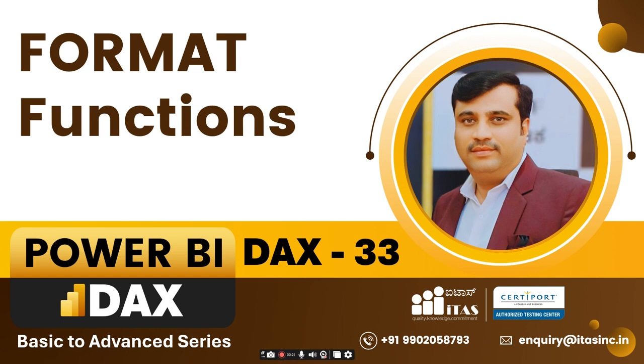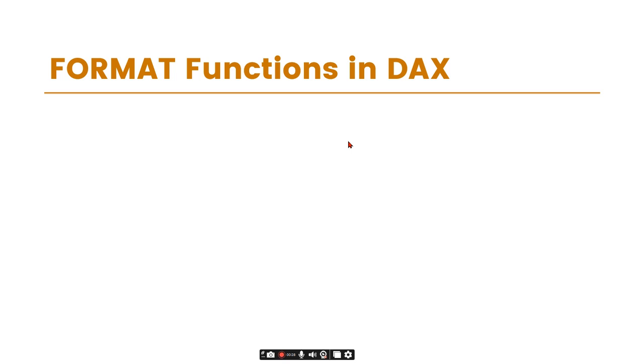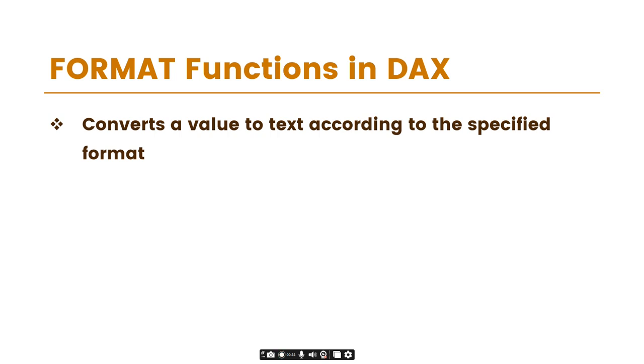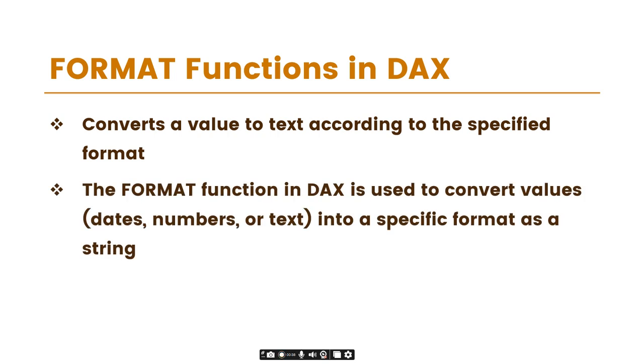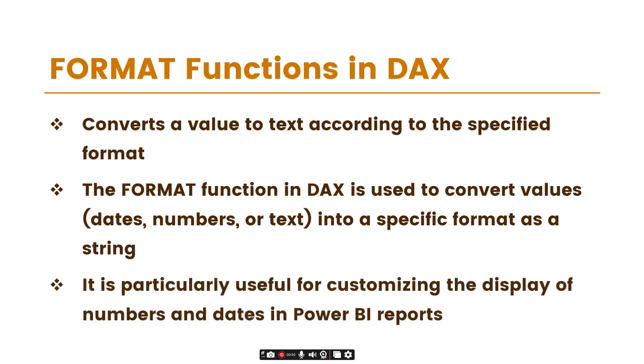In our previous video we had seen only the basic format functions, so in this video we'll cover more format functions. First, let's understand what these are. Format functions convert a value into text according to the specified format. The FORMAT function in DAX is used to convert values like dates and numbers into a specific format as a string, and it is particularly useful for customizing the display of numbers and dates in Power BI reports.